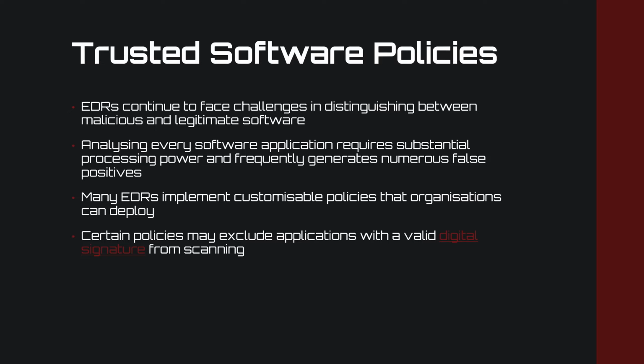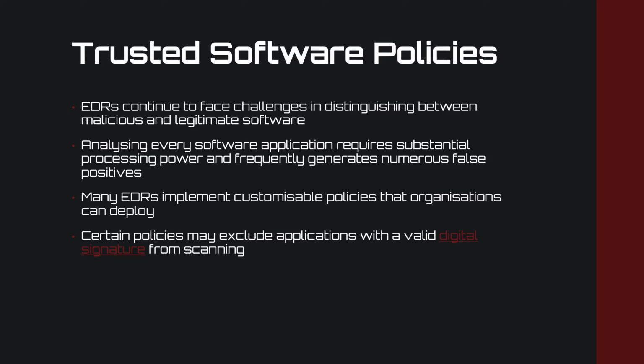If you've ever worked with EDRs, you will know that one of their core capabilities is providing a means to implement customizable policies. And these policies could refer to, say, how frequently the underlying connector is updated, the exceptions that are applied to it, and another common one is the customizable adjustment of the level of scrutiny applied to downloaded software.